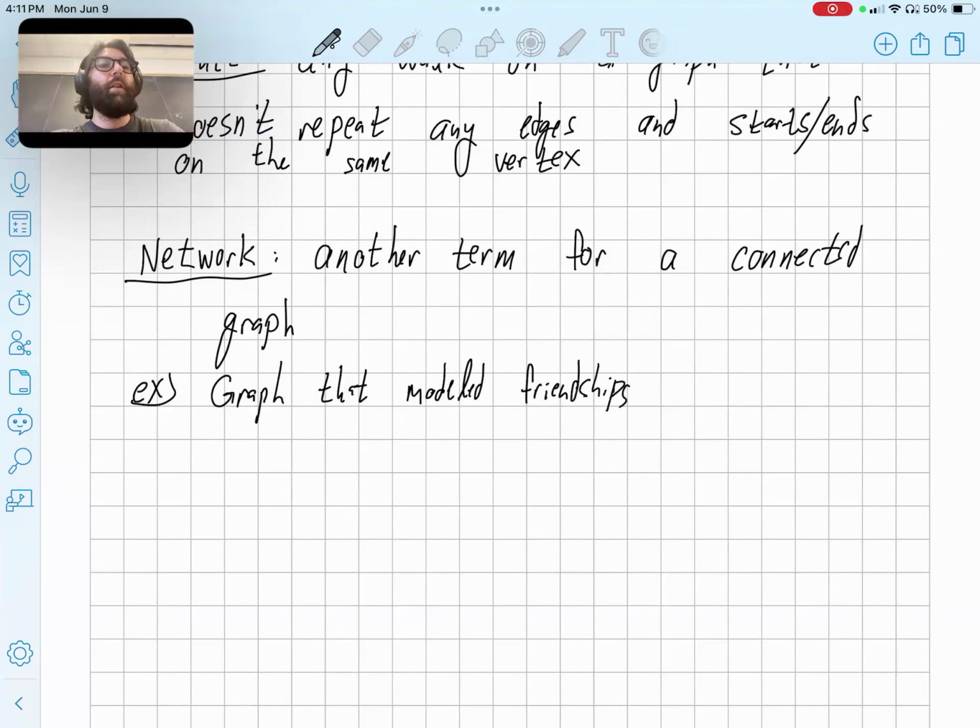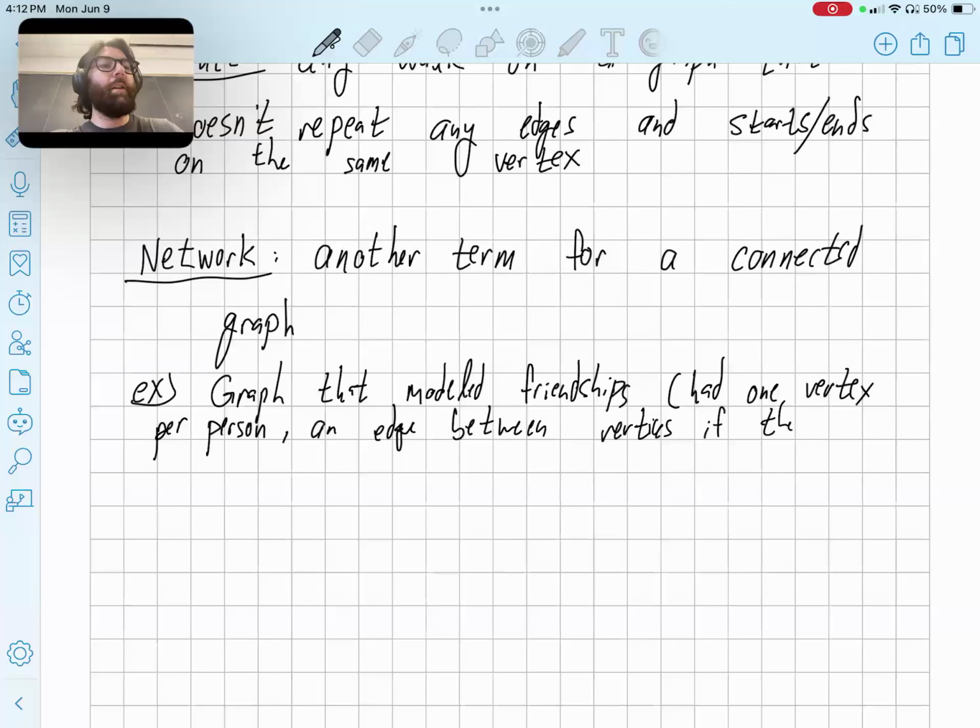We had one vertex per person and an edge between two vertices if the corresponding people are friends. Then we had enough friendships to make that graph connected. And so that graph was a network.